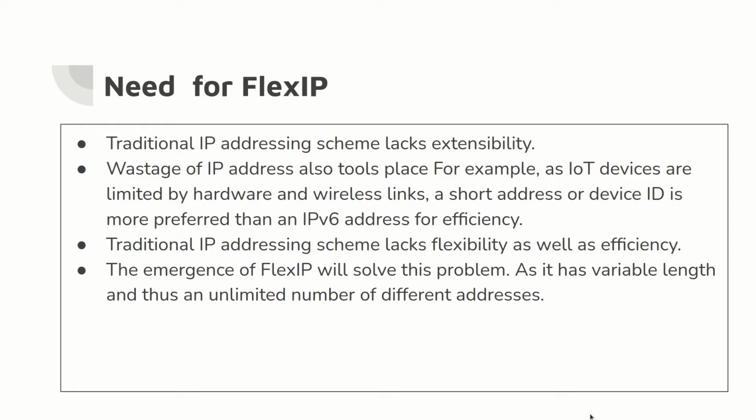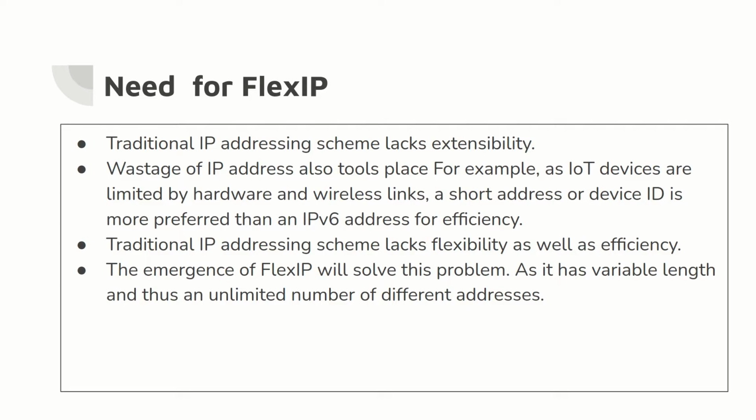This clearly shows that although IPv6 has theoretically enough addresses, the actual address assignment efficiency is quite low in IPv6. Flexible IP, or Flex IP, provides an alternative by suggesting a variable length IP addressing scheme that would be flexible enough to adapt to various networks and at the same time resolve the problem of low transmission efficiency.